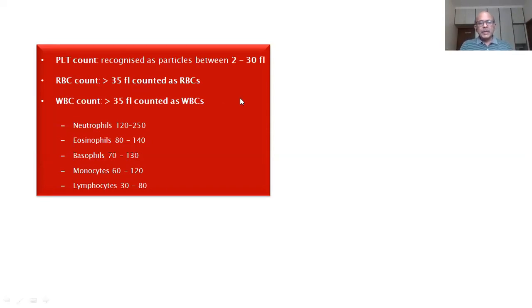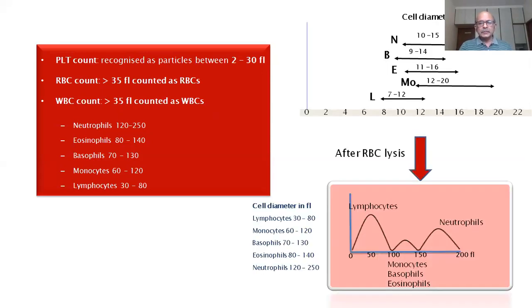Once the RBC has been counted by the machine, the lysing solution is now added to the liquid. This lysing solution lyses all the RBCs, and what is left is now you have WBCs. And any cell more than 35 femtoliter is counted as a WBC.